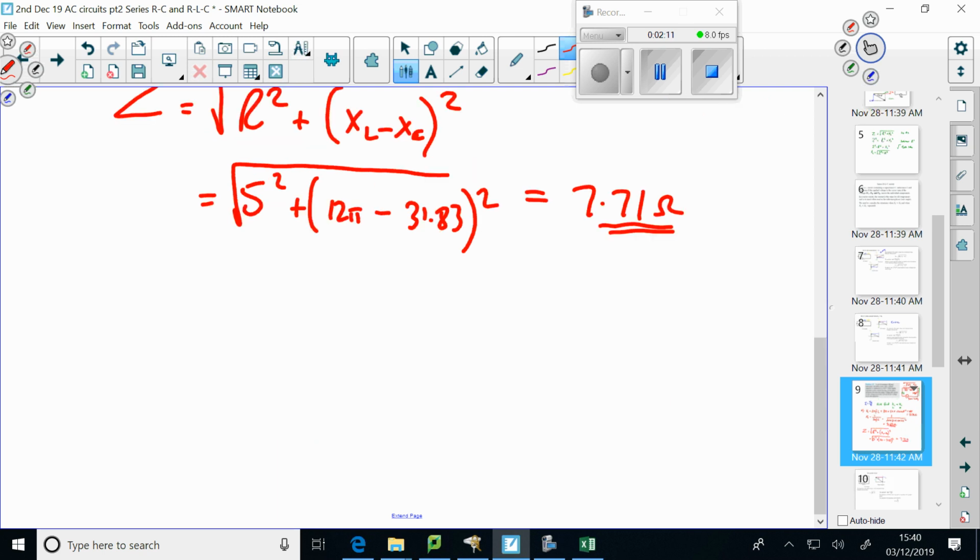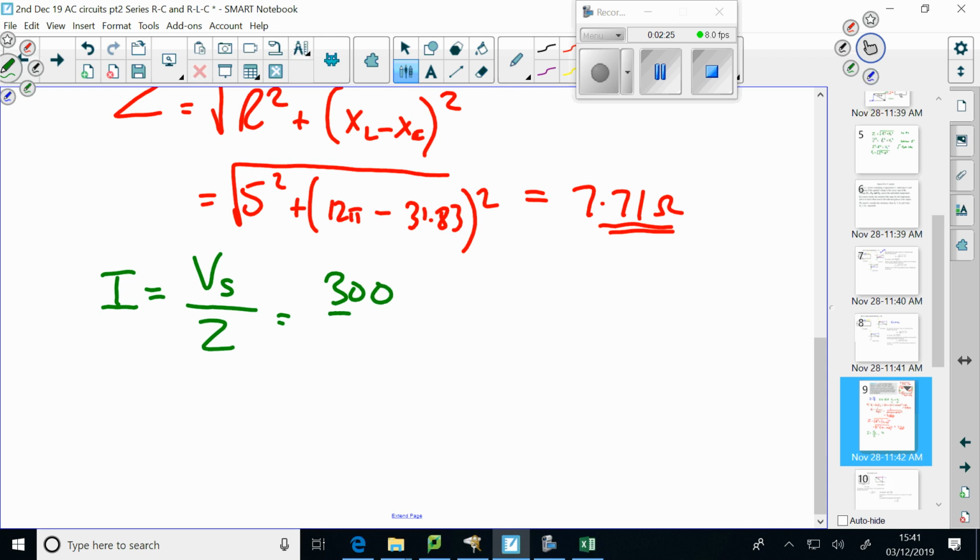So now that we've done all of that, we can find what the question was asking for in the first place, which is Vs over Z, the 300 volts over 7.71, equals 38.91 amperes. So that's the answer to A.